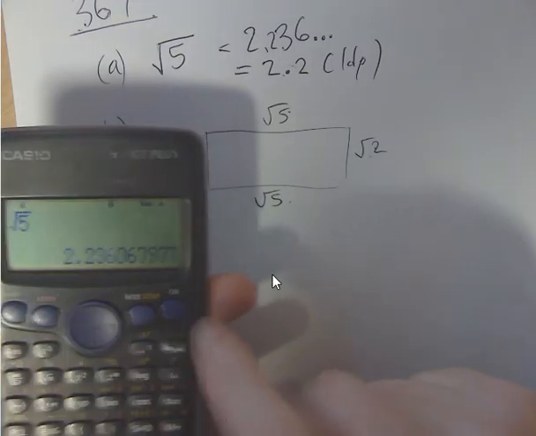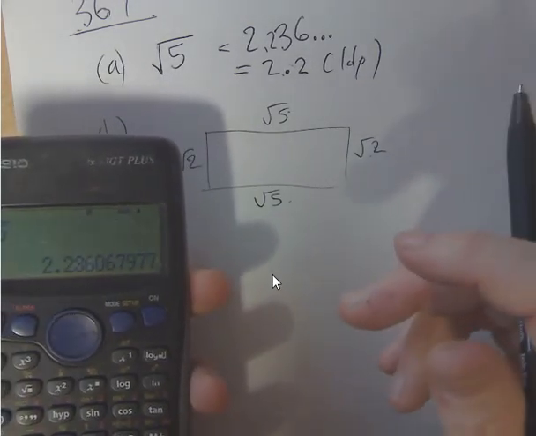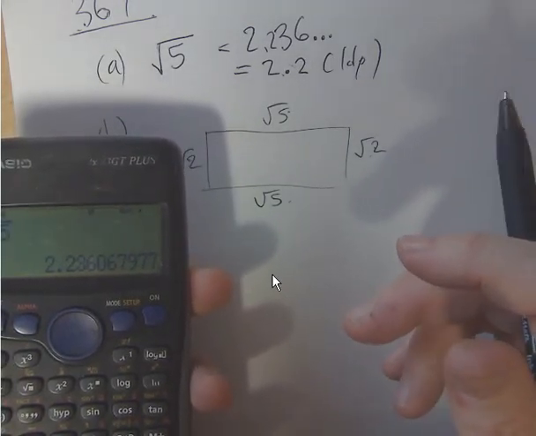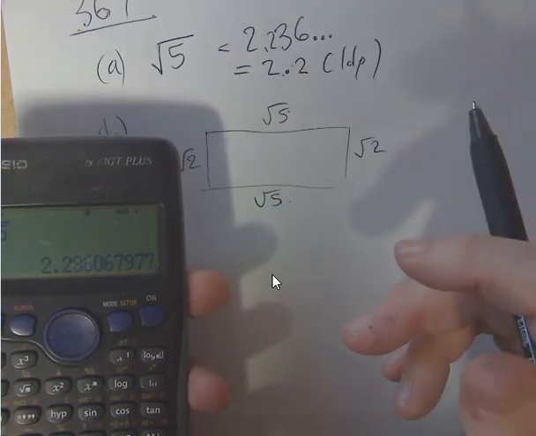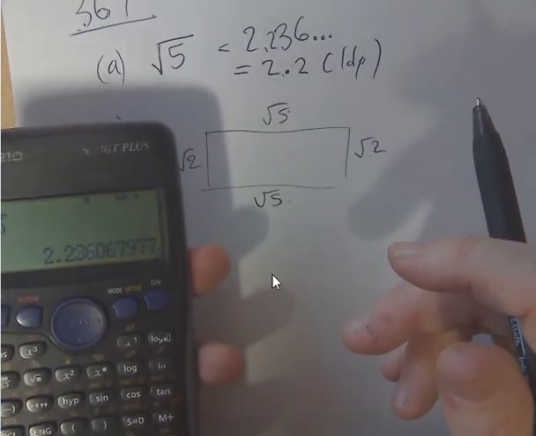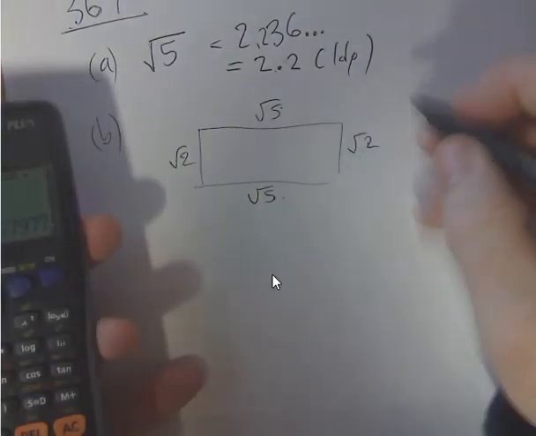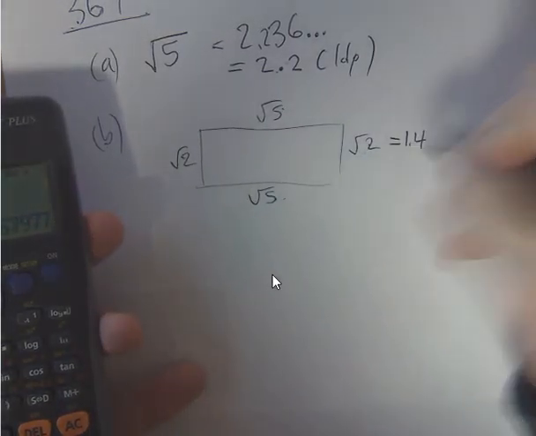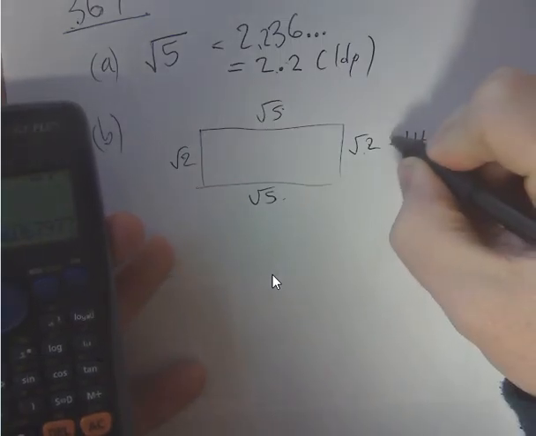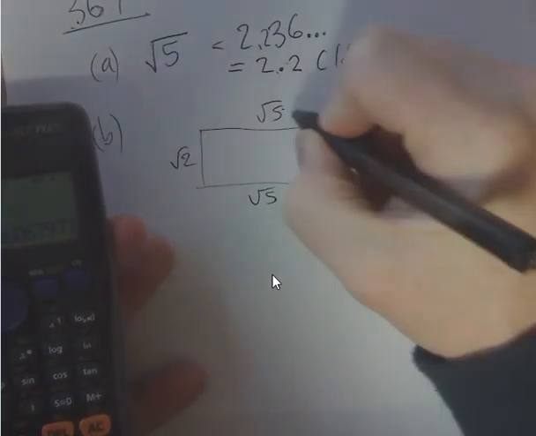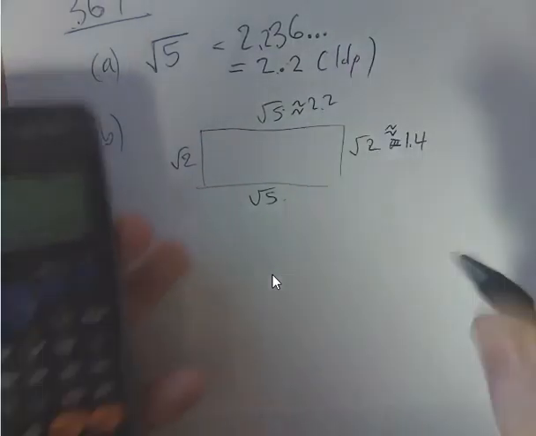Now, I don't know whether this example will work, but let's see. Okay, so that's 1.4 roughly, and that's 2.2 roughly.